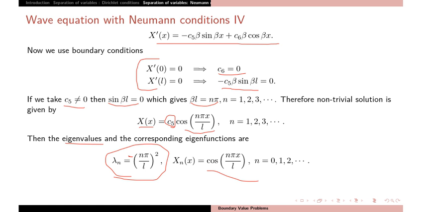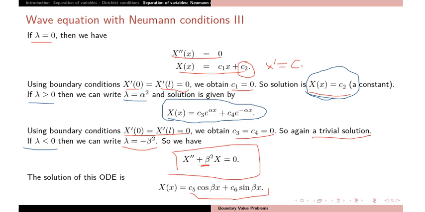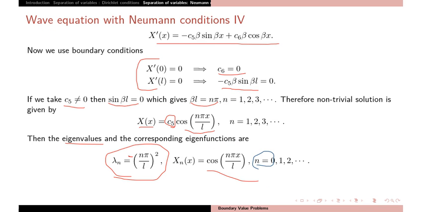And here I am starting the sum from 0, and I am adding that constant. So if lambda is 0, the solution is a constant. For n equal to 0, lambda is 0. So you can combine that constant solution with this cosine.